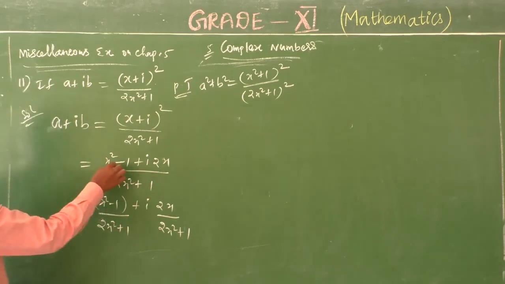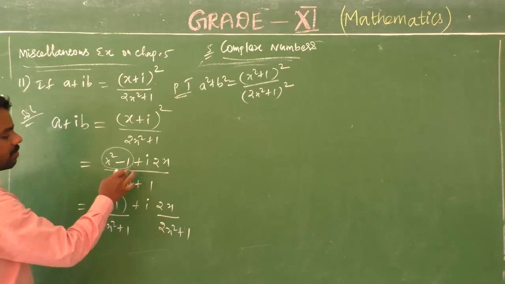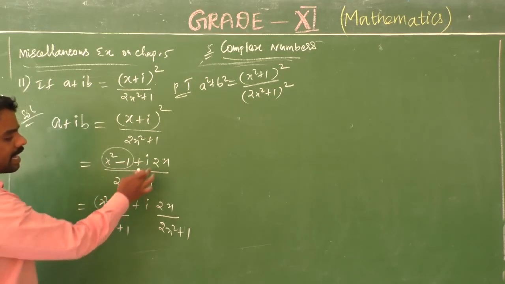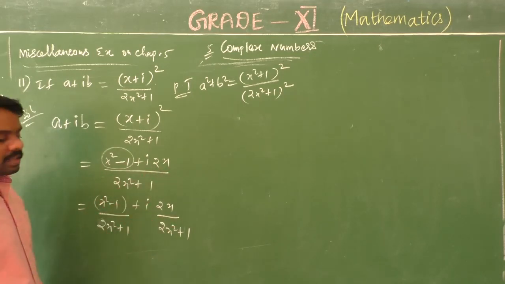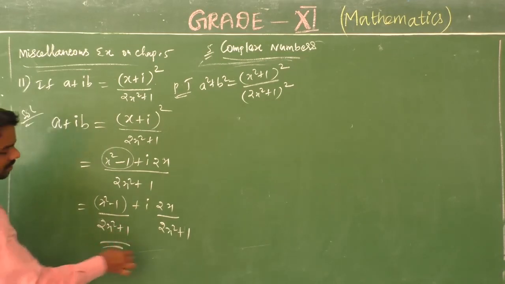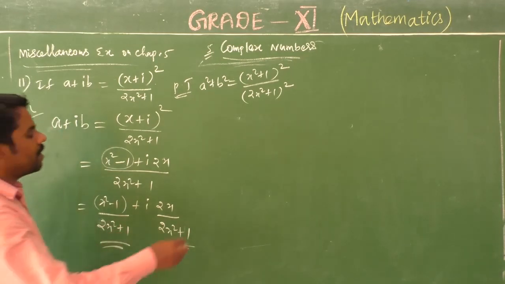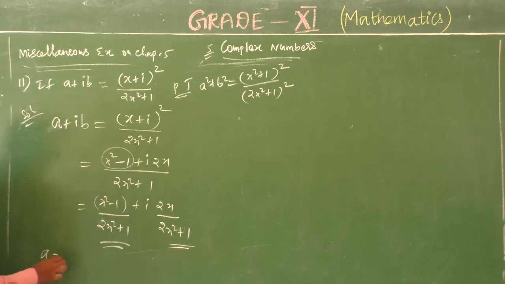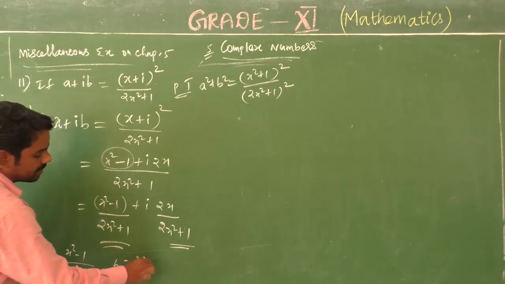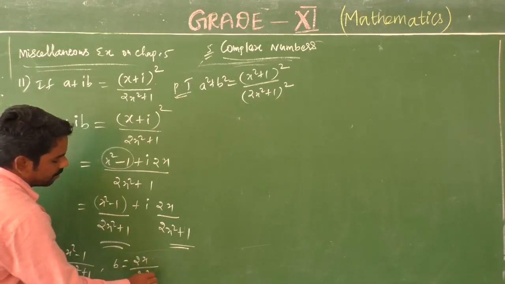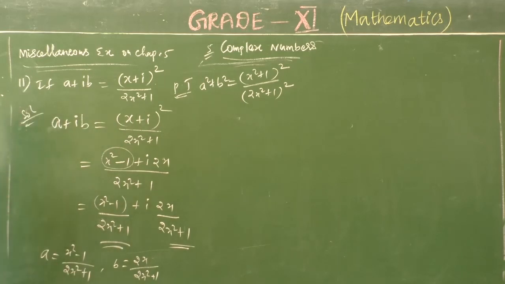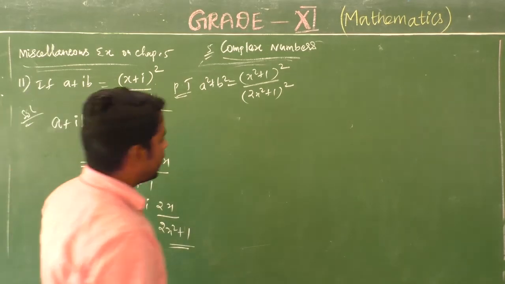Here the real part is x square minus 1, so (x square minus 1) by (2x square plus 1) plus i into 2x by (2x square plus 1). This is a and this is b. So the a value is equal to (x square minus 1) by (2x square plus 1), and b is equal to 2x divided by (2x square plus 1).